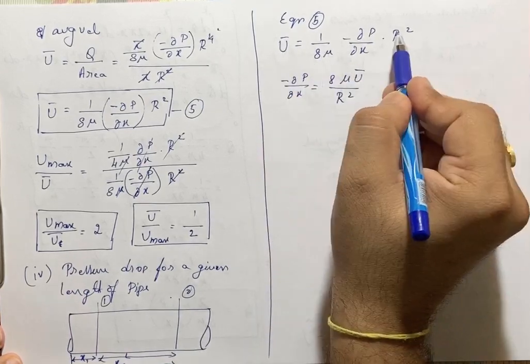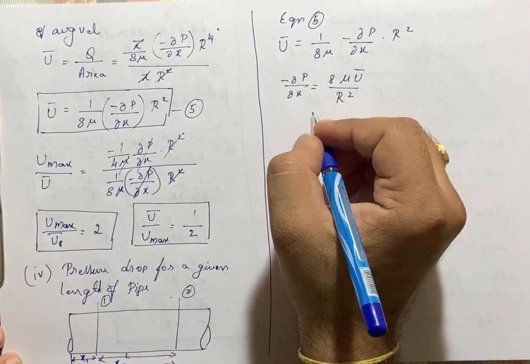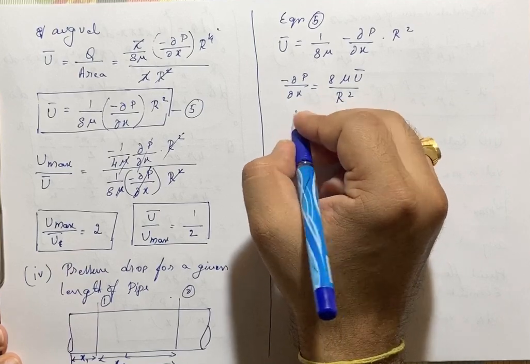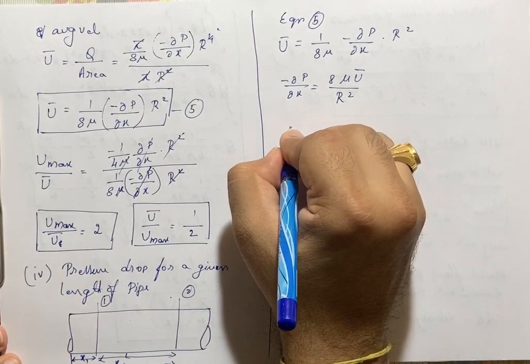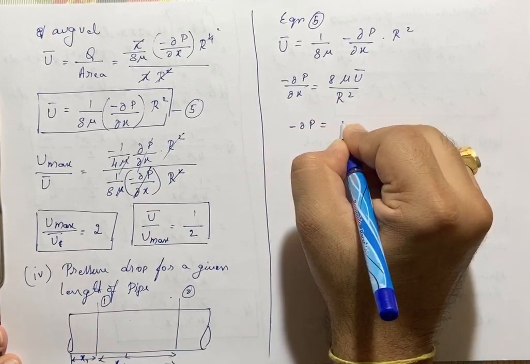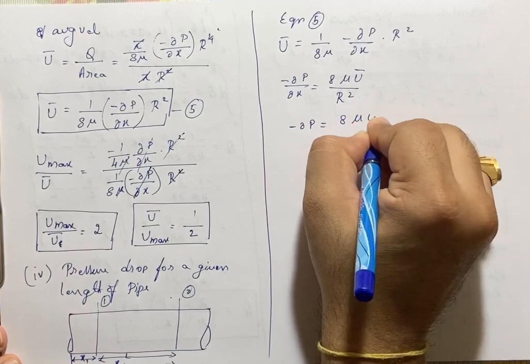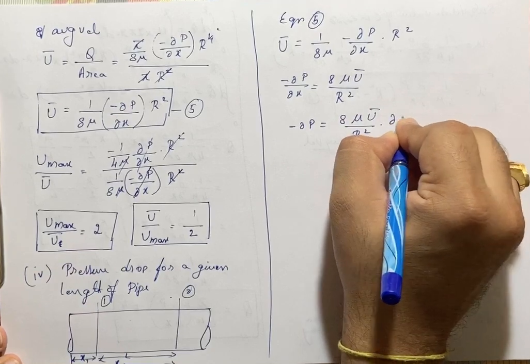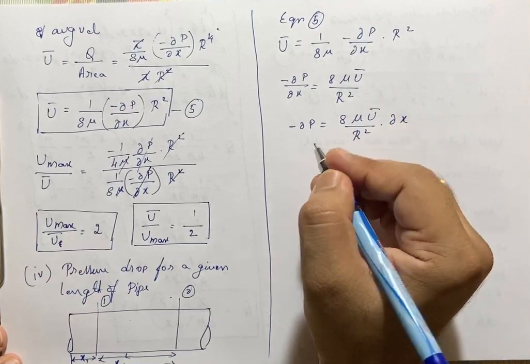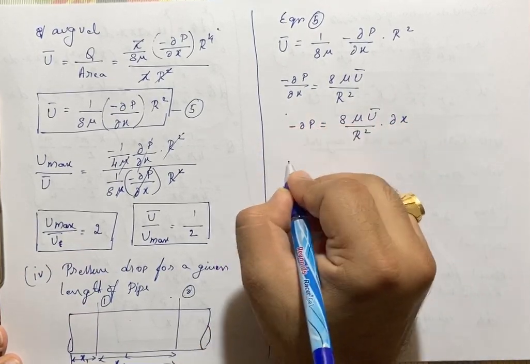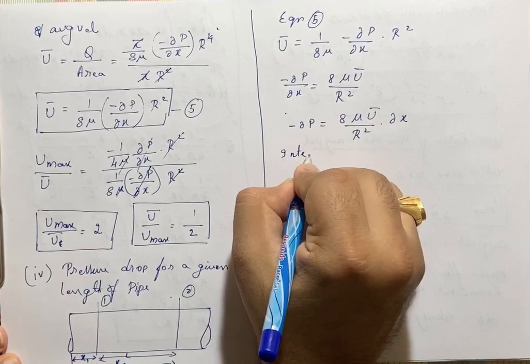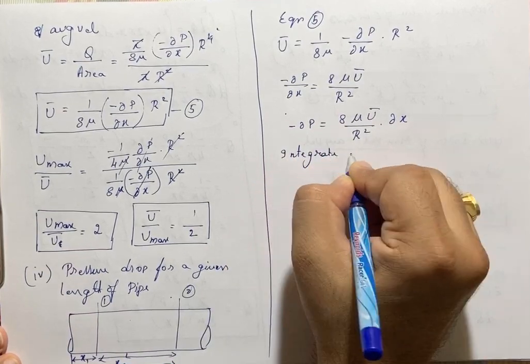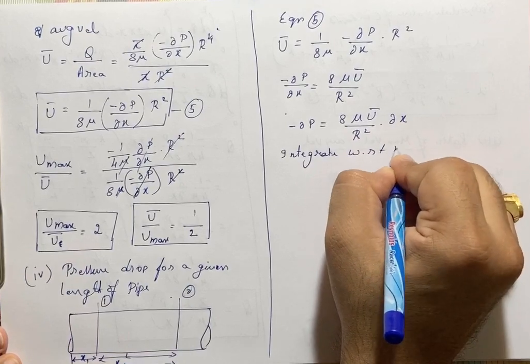Or else I can write minus dou p is equal to 8 mu u bar divided by r square into dou x here, right. We shall integrate this equation with respect to x here.